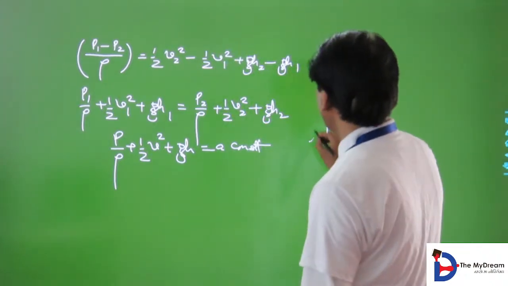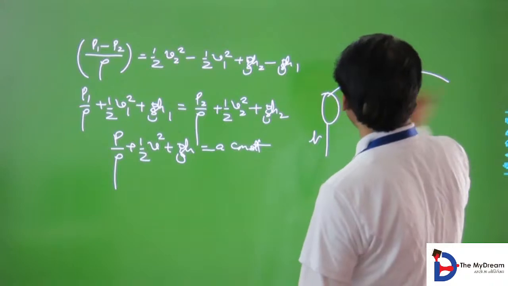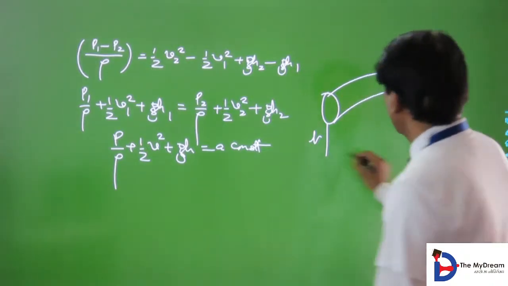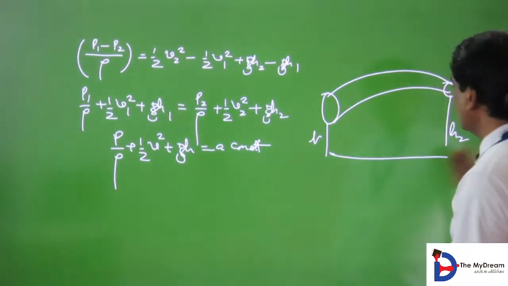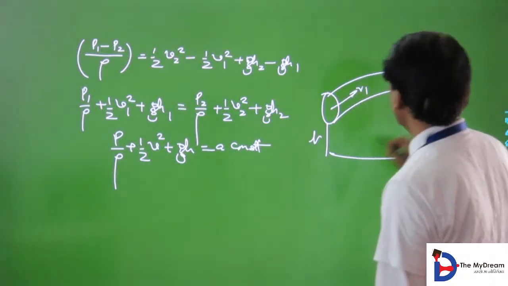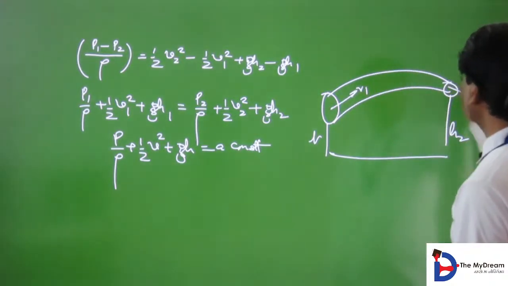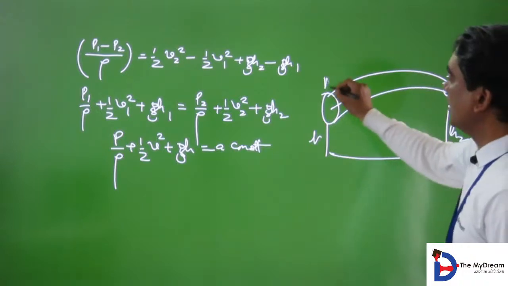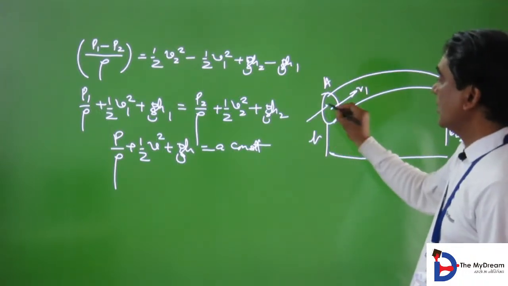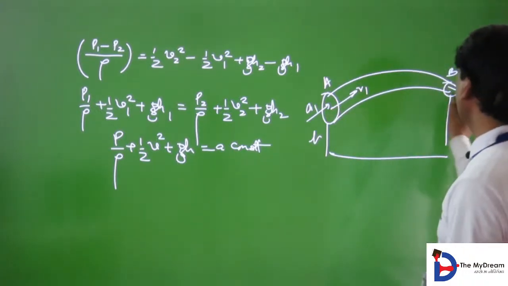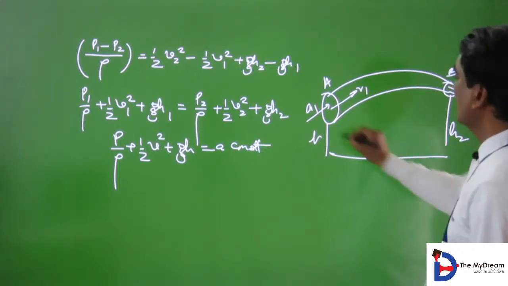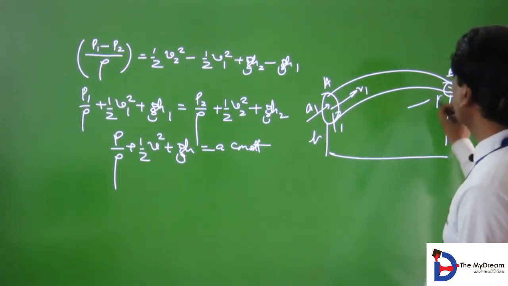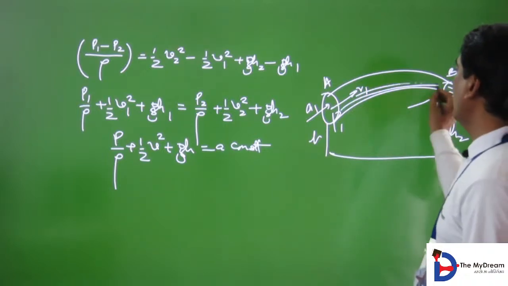You have drawn a pipe like this. This is the height h2. Your velocity was v1, this is v2. This is section B, this is A. Here the area of cross section is A1, here is A2. The pressure is P1, this is P2.